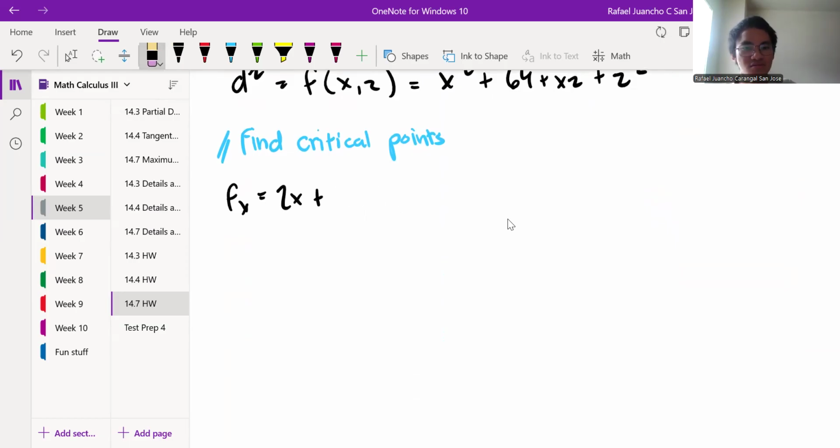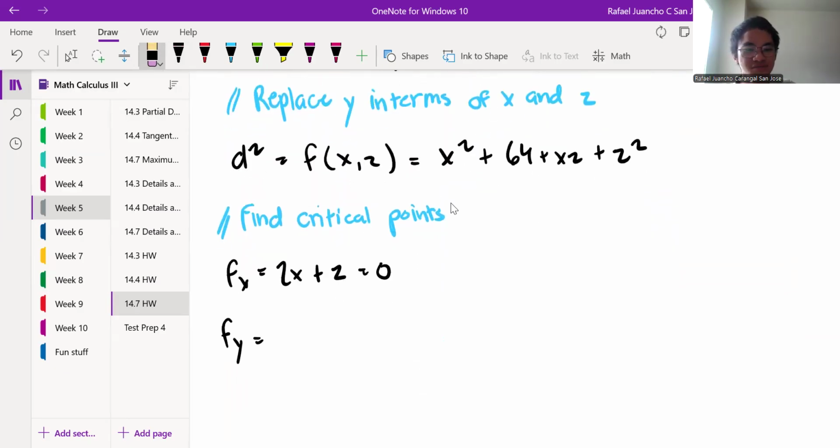That's it. This is equal to 0. Here we get f sub, not f sub y, f sub z. See, now I'm used to y. Now here I treat z as a variable. So here I have 0, 0, x plus 2z. Oh, look at that. 2z plus x.